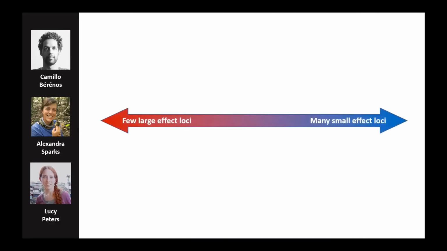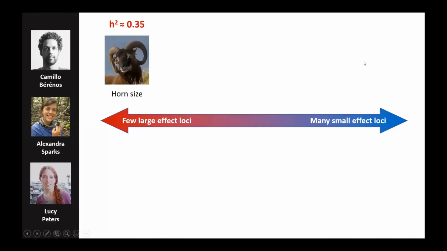So through the work of myself and also Camilo Brenos, who you saw earlier doing some sheep weighing, who was also a postdoc at the same time as me on this project, and also through the work of PhD students such as Alex Sparks and Lucy Peters, we've been looking at the genetic architecture of different traits, but also finding that this can either be due to few large effect loci and also small effect loci, and somewhere on a spectrum in between.